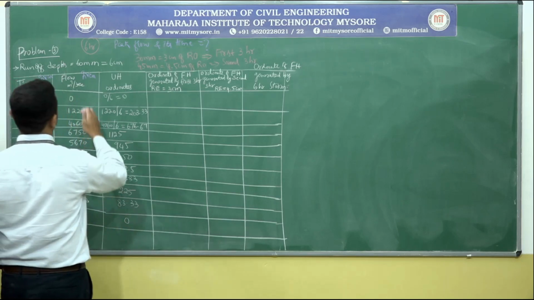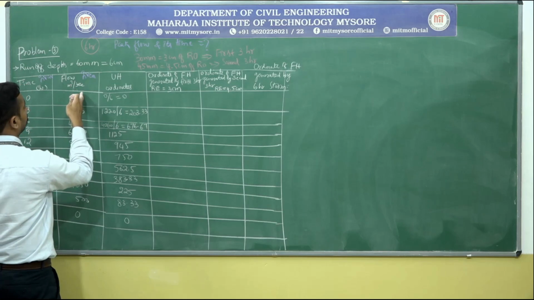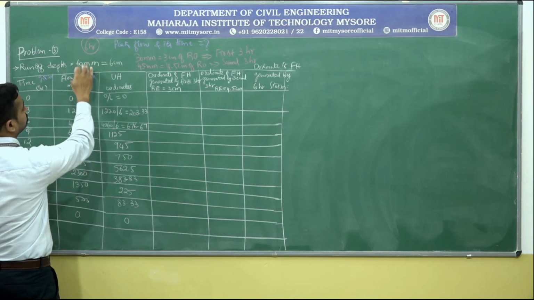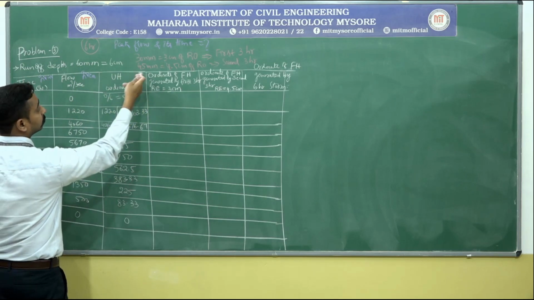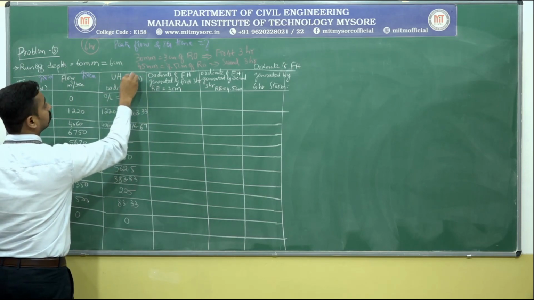Okay, now I converted the given flood hydrograph of runoff depth 6 centimeter into unit hydrograph. Unit hydrograph nothing but the depth is 1 centimeter.